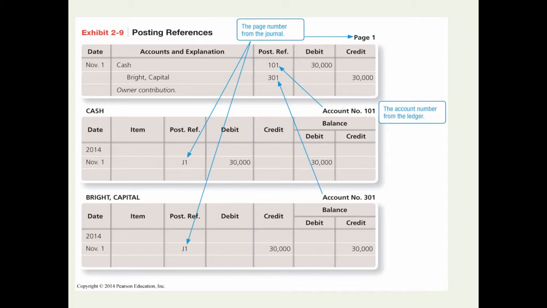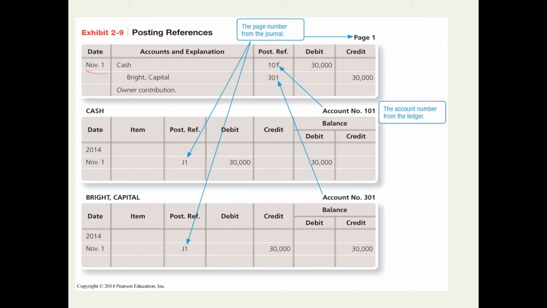So here's the way our cross-referencing system will work. Let's go back to our initial Smart Touch Learning illustration. On November 1st, when we started the operations of the business, we invested $30,000 in cash and therefore issued common stock in the same amount: debit cash, credit common stock.